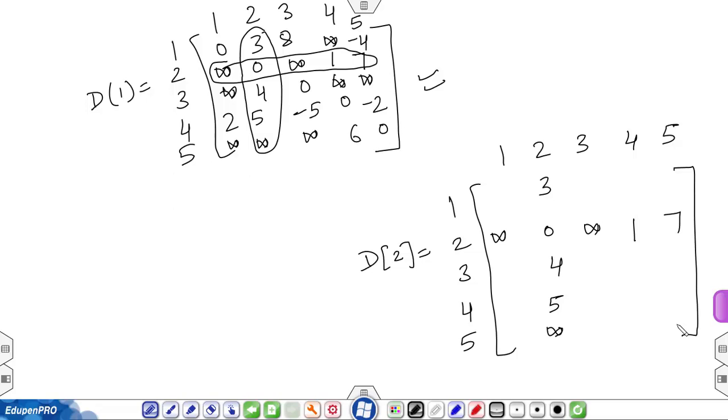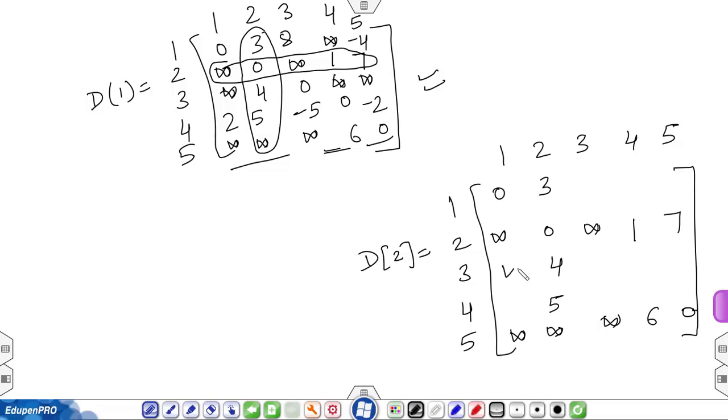See, in the fifth row, there is an infinity. So those values will remain the same: infinity, infinity, 6 and 0. Now here in the whole second column there is no more infinity. At the second column there is an infinity. So that means this will remain the same.